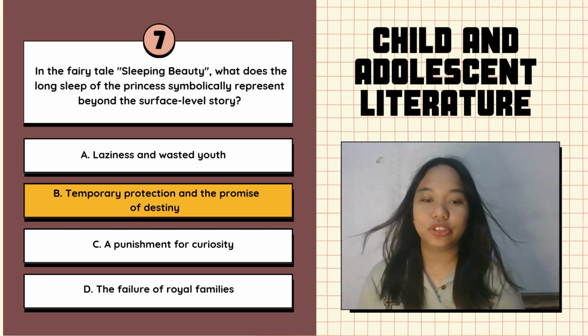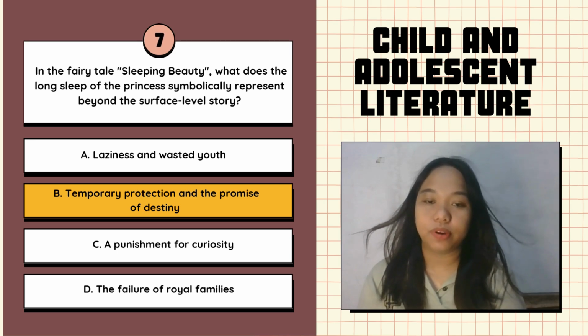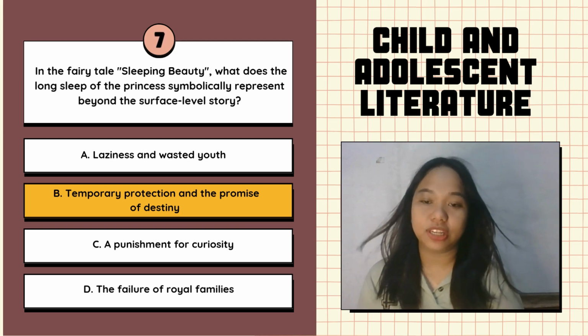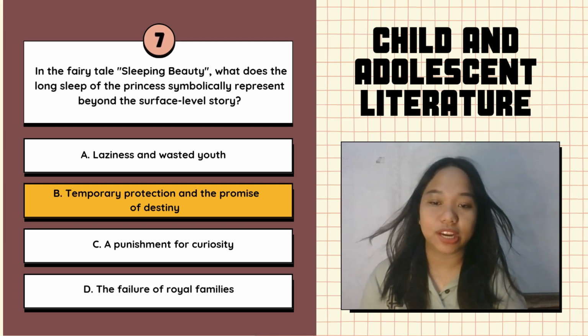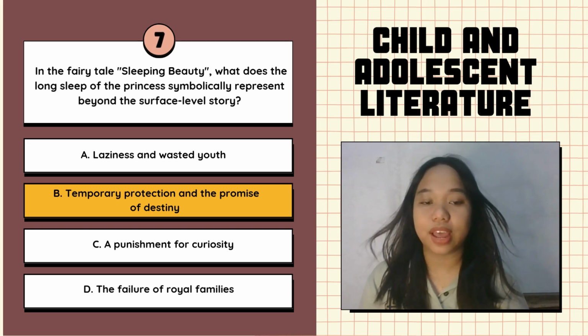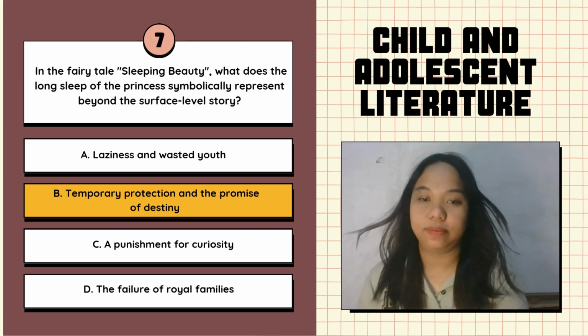Her awakening through love is not only romantic, but a symbol of hope, renewal, and fulfillment of destiny. The sleep creates a moment of suspension in time where she is preserved until a safe moment to return and fulfill her role. This story also reflects themes of patience and trust in fate.